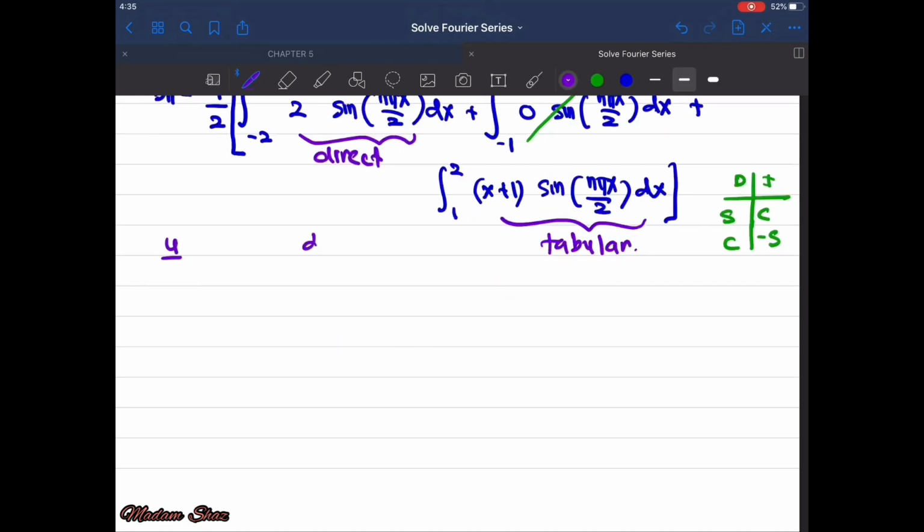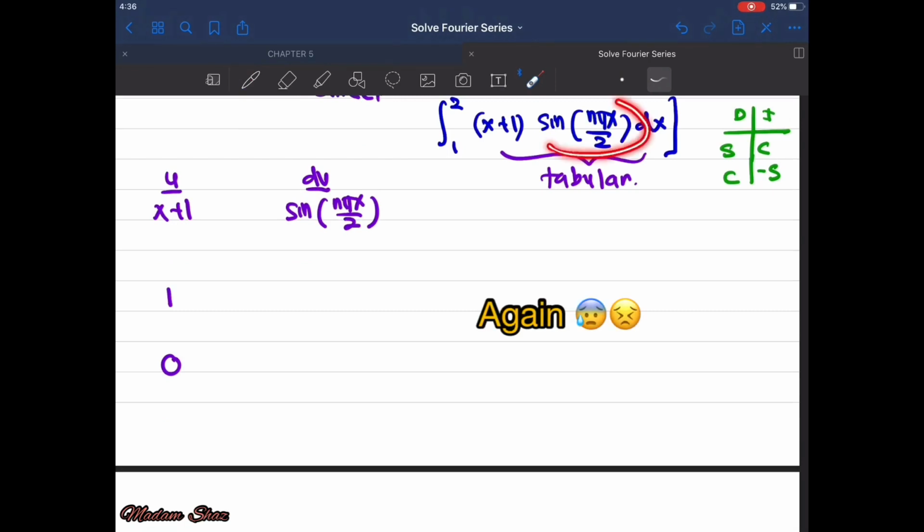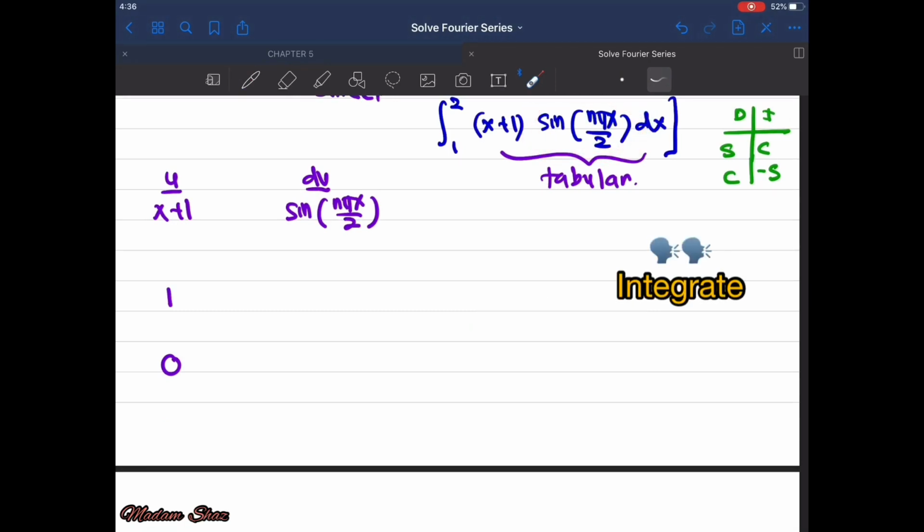You must have u, you must have dv. U is the x plus 1, dv is sine n pi x over 2. So differentiate x plus 1 will become 1, differentiate 1 will become 0. Integrate sine n pi x over 2, integrate positive sine will become negative cos.